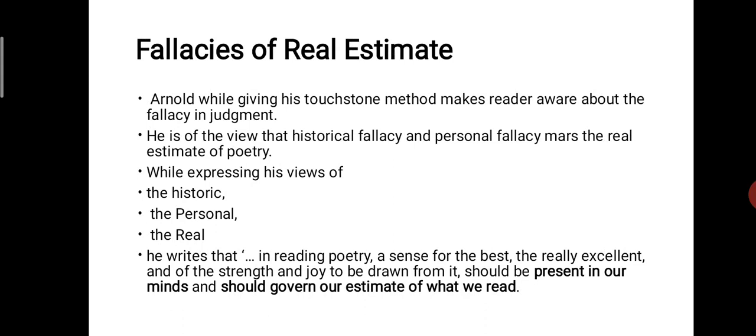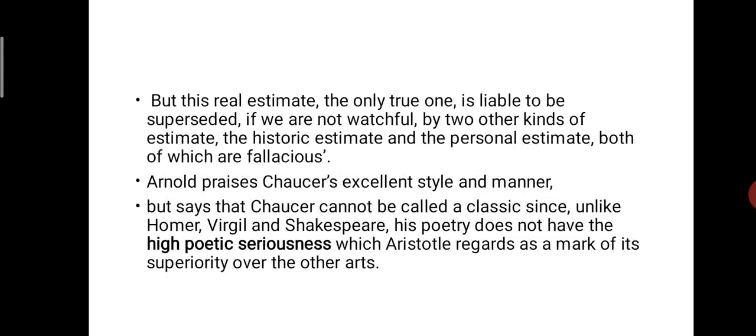If we read Dante, Homer, Chaucer, we have to think about the real evaluation of that particular work of art or part of literature. But this real estimate, the only true one, is liable to be superseded, if we are not watchful, by two other kinds of estimate, the historic estimate and the personal estimate, both of which are fallacious.